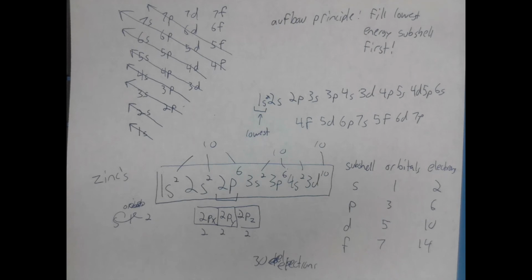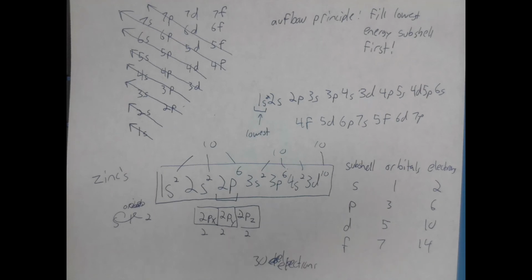So a zinc atom is 2 electrons in the 1s, 2 electrons in 2s, 6 electrons in 2p, and this would be how it's ordered. I prefer that you keep it in this order.